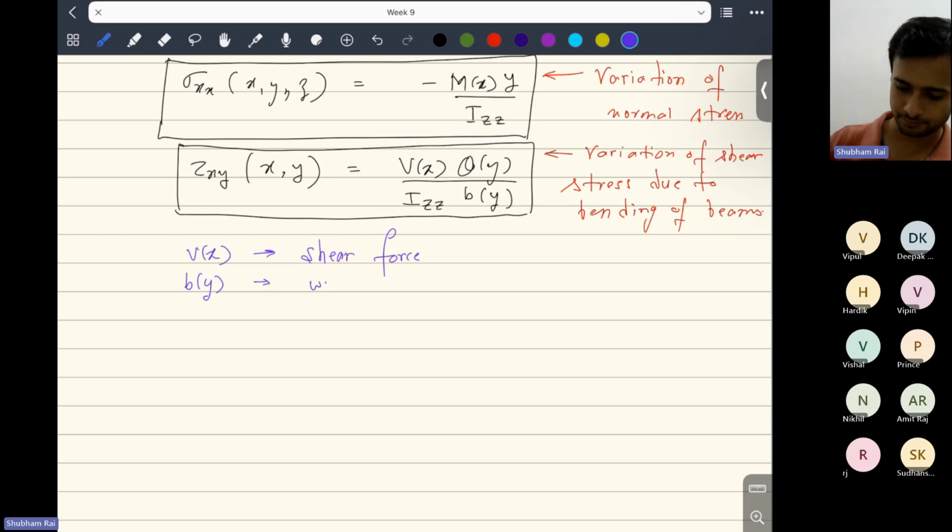V(y) is, let me just draw a diagram. Let's say this is the cross section of the beam, here you have the neutral axis, and this is the shaded region.